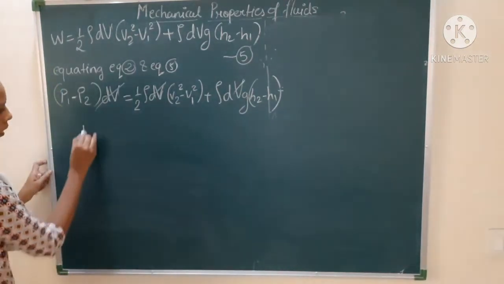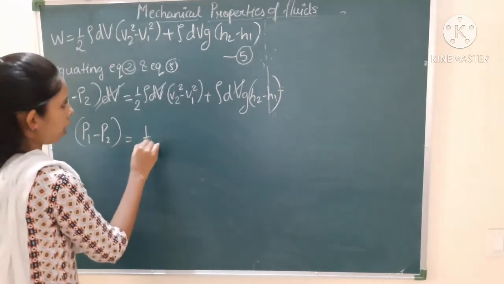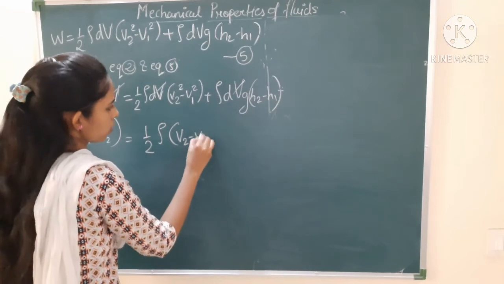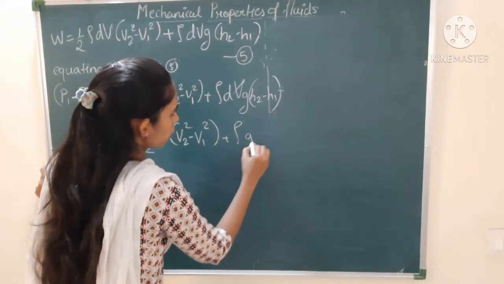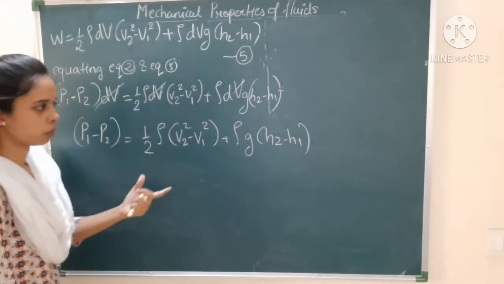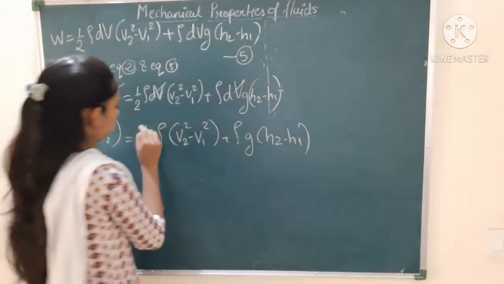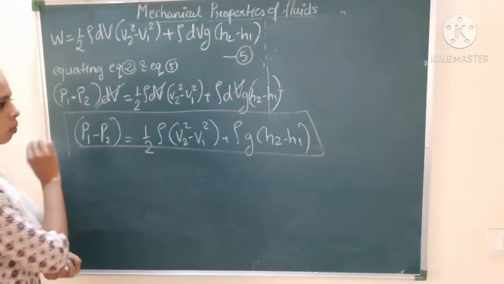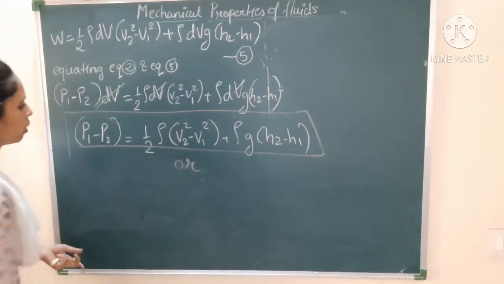So what you get is the change in pressure: P1 minus P2 is equal to half rho (V2 square minus V1 square) plus rho g (h2 minus h1). So this equation is called Bernoulli's equation. This equation can be written in another form also.